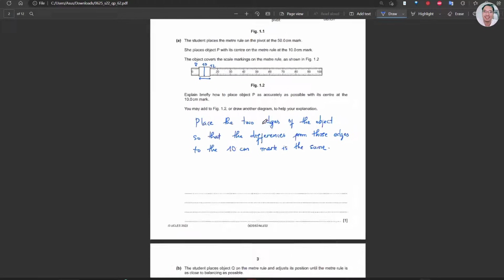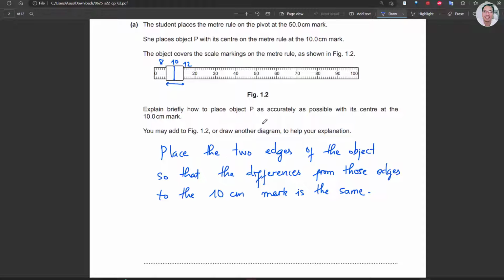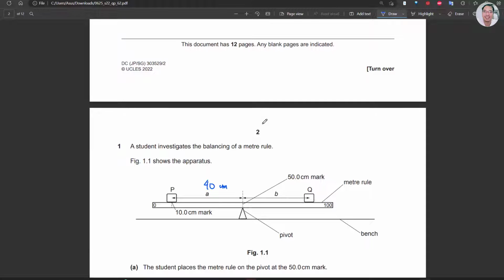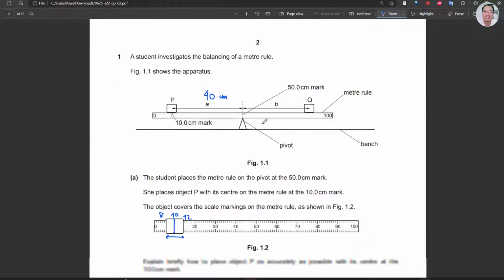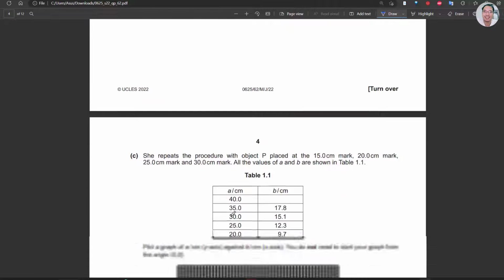Writing the clockwise moment, which is, what is the weight of P? Do we know the weight of the object P? No. Are P and Q weight the same? I don't think so. They didn't say anything about the weights of P and Q. Oh, the weight is given in the table below?